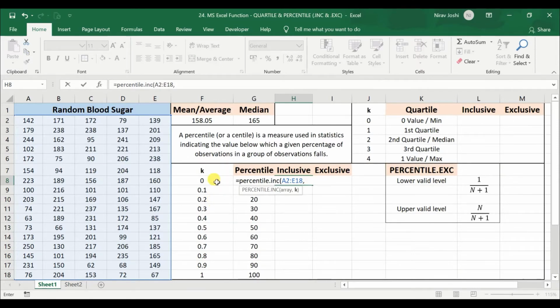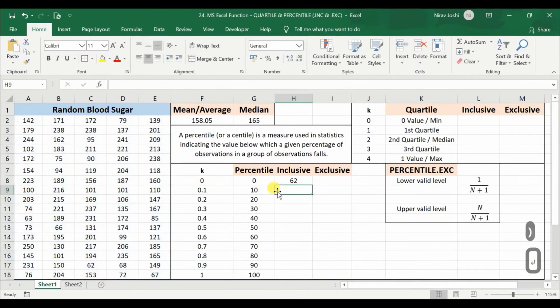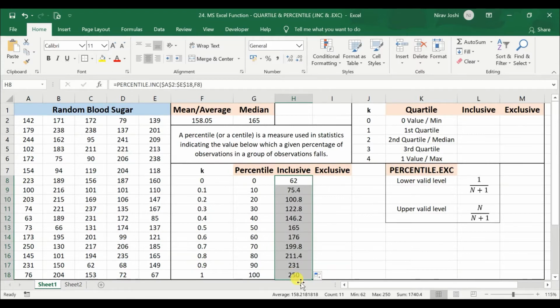So we can apply for this calculation 0 here, and one more thing, we would also fix or make this range absolute so that we can drag the formula downwards, and we can see that these two values, that is 0 and 100, are the minimum and maximum value of this data range, and the rest others are the cutoff based on the formula calculation.